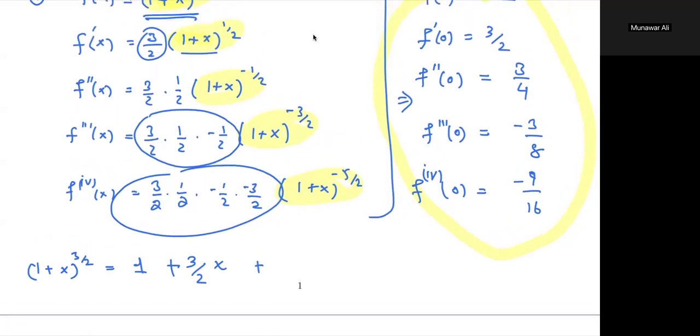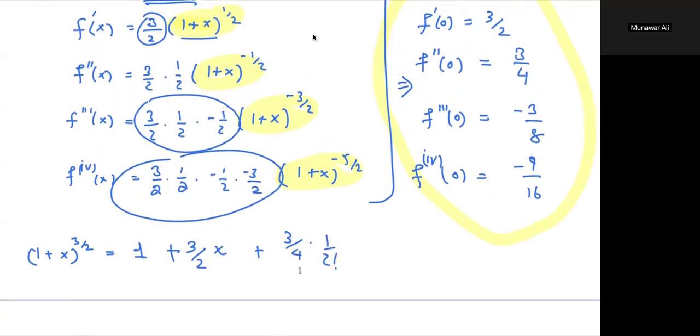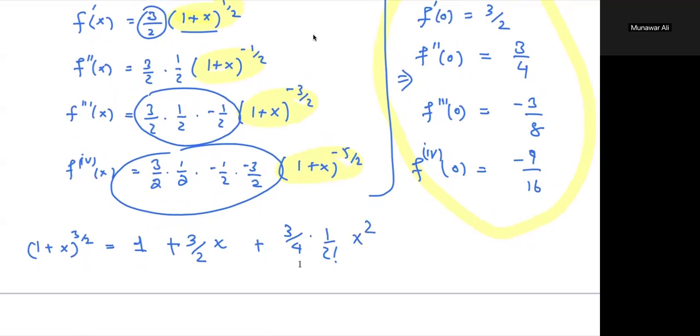Plus the second derivative, 3/4 divided by 2 factorial, so you can write it as times 1 over 2 factorial x squared. The third derivative is minus 3 over 8 divided by 3 factorial x cubed. The fourth derivative is minus 9 over 16, times 1 over 4 factorial x to the 4, and so on.